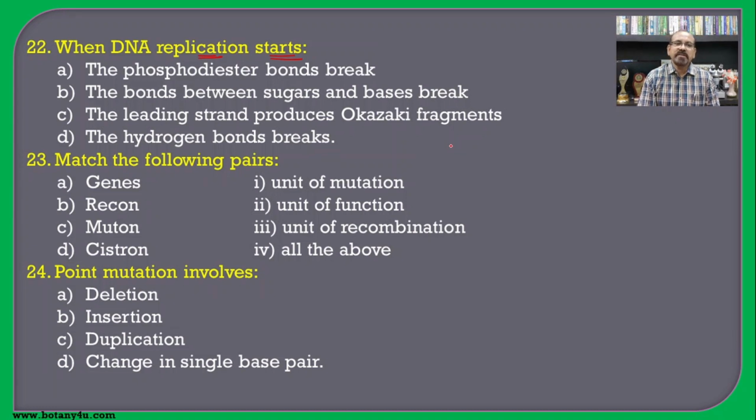This is the initial process carried out at the initial stage of DNA replication. So phosphodiester bond breakage is not needed for replication. The bond between the sugar and the bases breaking is also not required during replication.